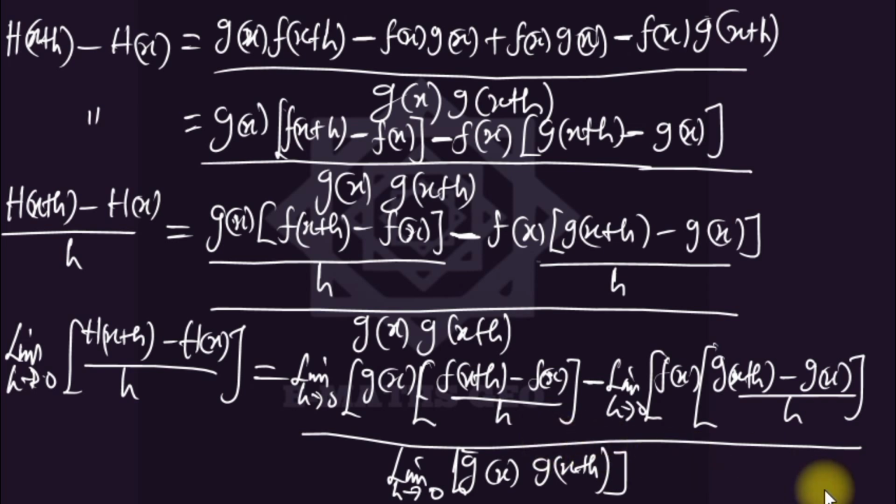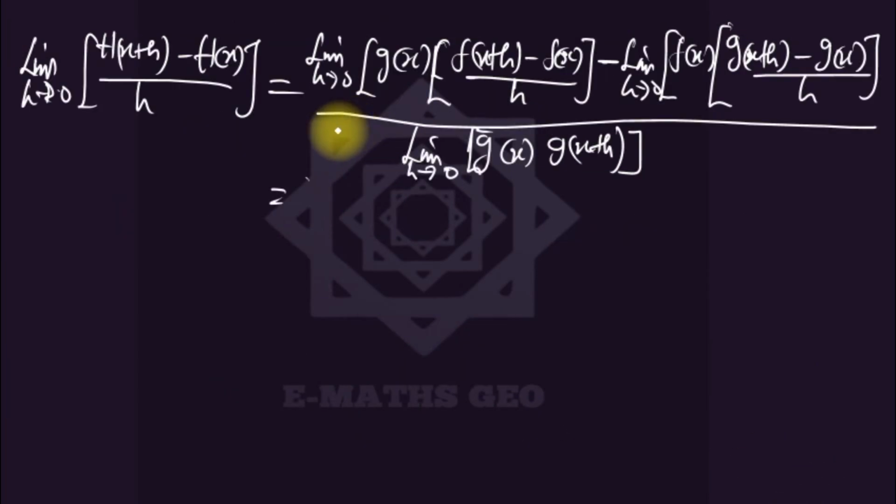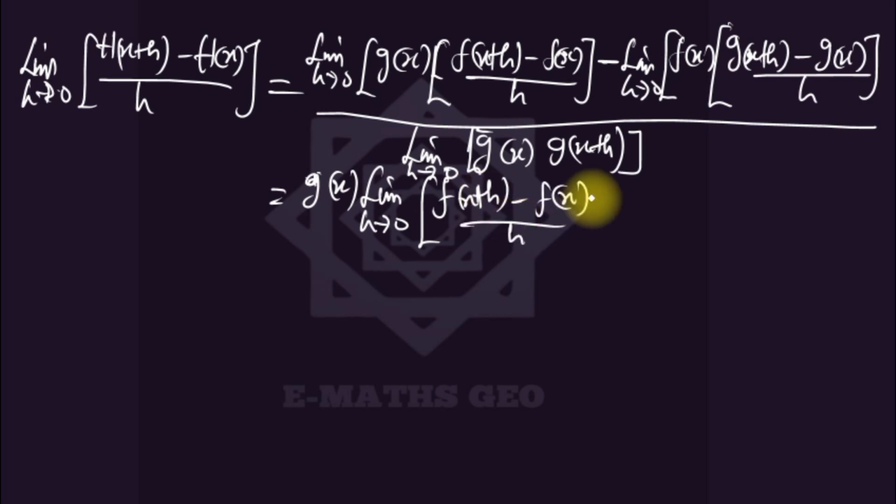So let's move to the next page. Okay, we'll see that the limit of this is a product. To get the limit of a product, you find the limit individually and multiply. So the limit of a product is the product of their limits. And also the limit of a constant is a constant. So this is like a constant. So we can write the limit of h tends to 0 of this as g of x, times the limit of this, f of x plus h minus f of x over h.